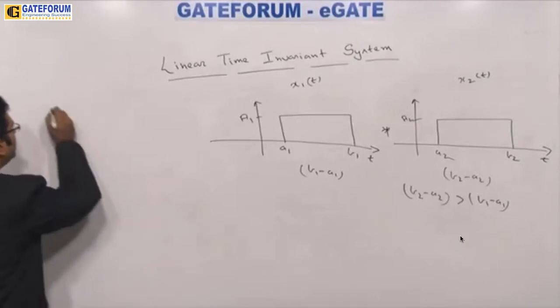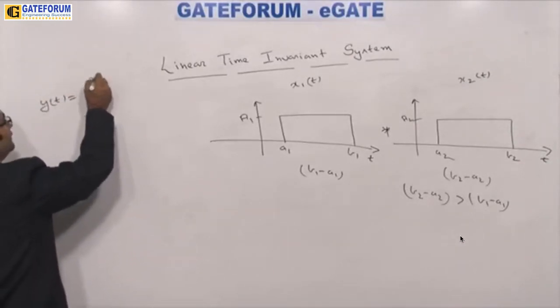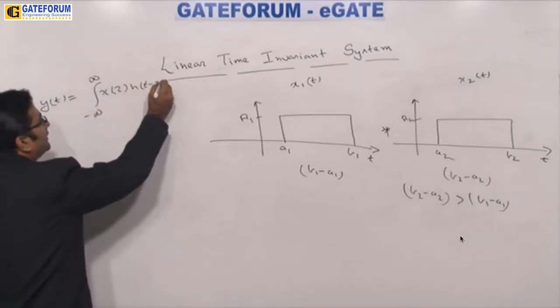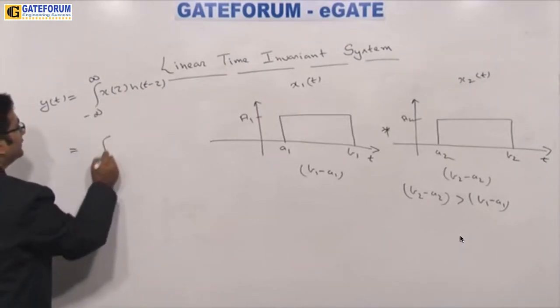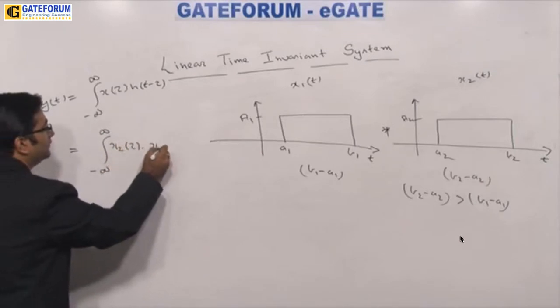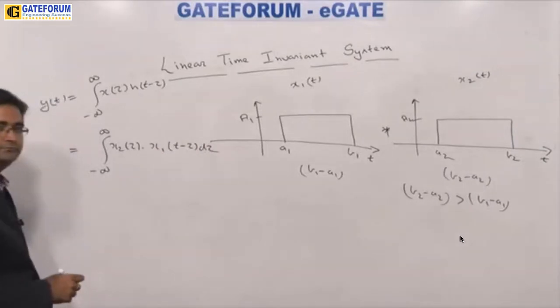You change the variable because if you look in the formula of convolution, y of t is minus infinity to infinity x of tau h of t minus tau. Okay, so you change the variable, we can write it as minus infinity to infinity x2 of tau x1 of t minus tau d tau.